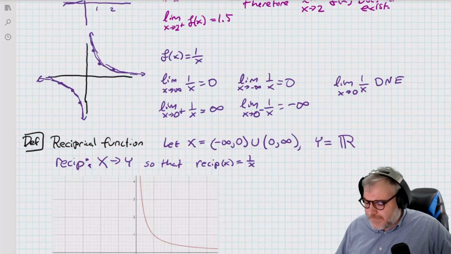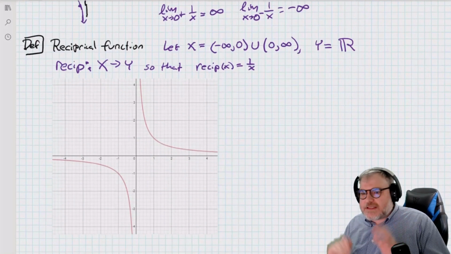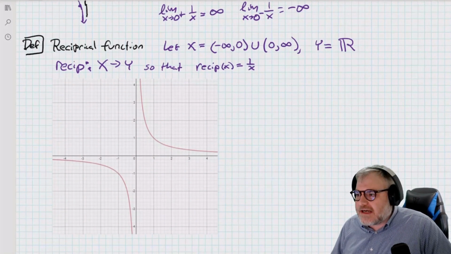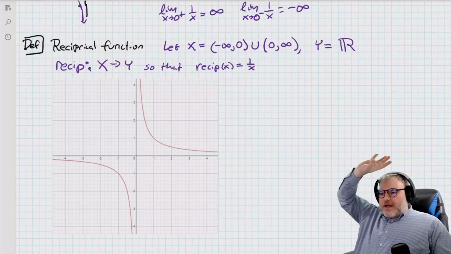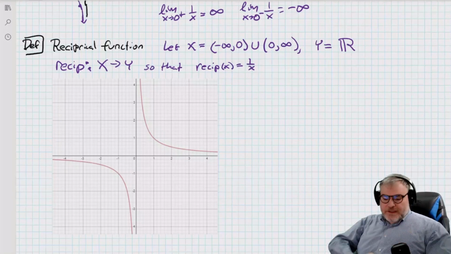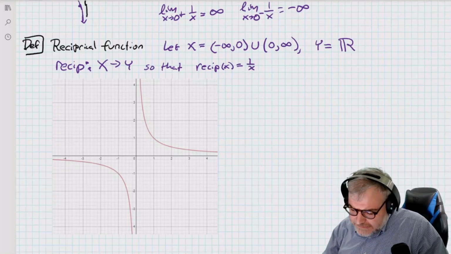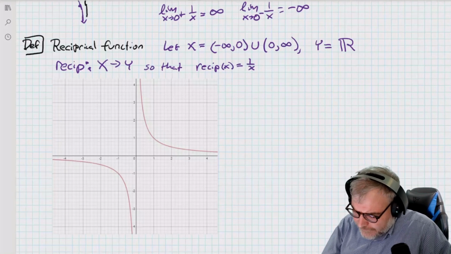All right? So, if you need to print this, I would print this on a sheet of paper and put it over your bed. Look at it at night. 1 over x. When you say 1 over x, right? This is f of x equals 1 over x. It's the big one. F of x equals 1 over x.